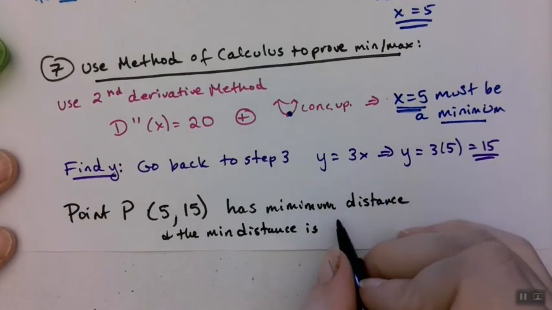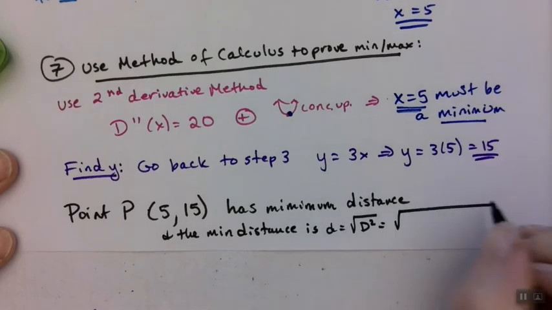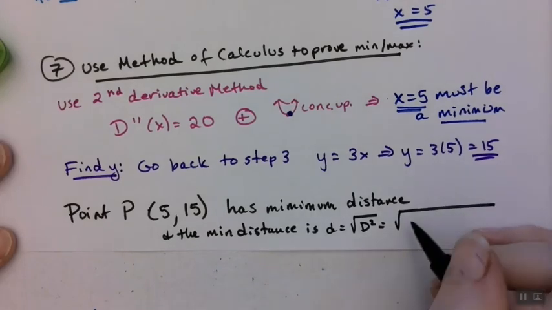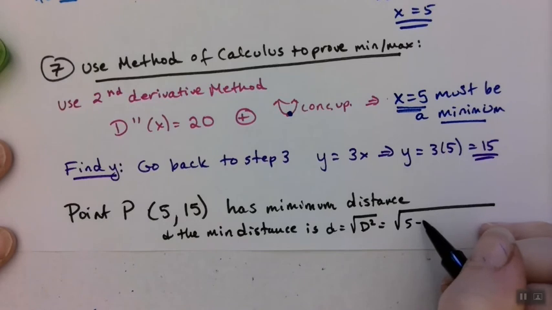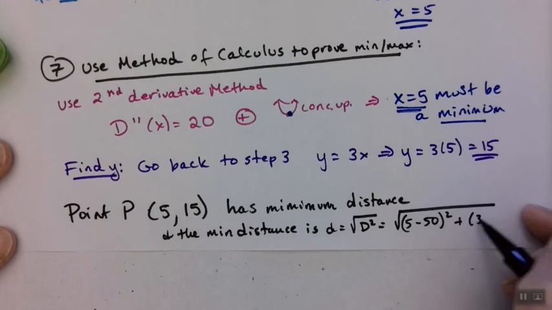So d equals the square root of d squared, which is the square root of x, which is 5, take away 50 squared, plus 3 times x squared. So 3 times 5 squared.